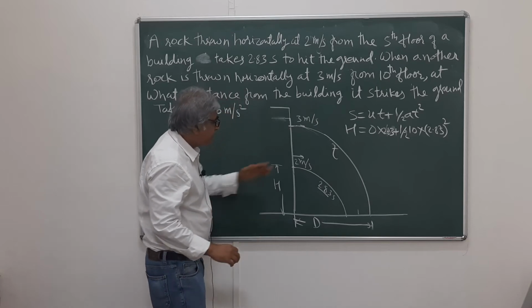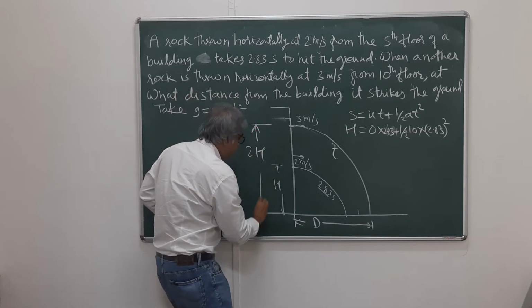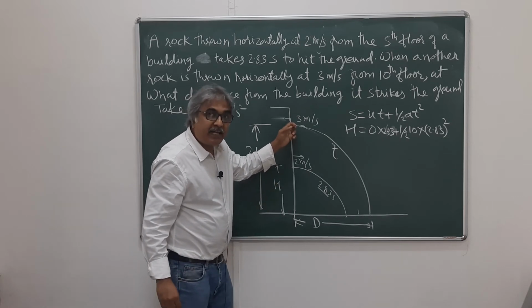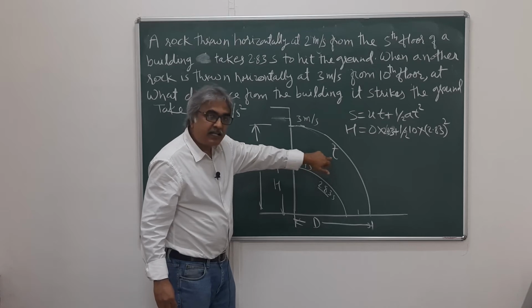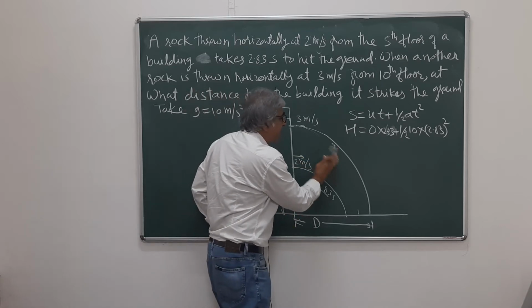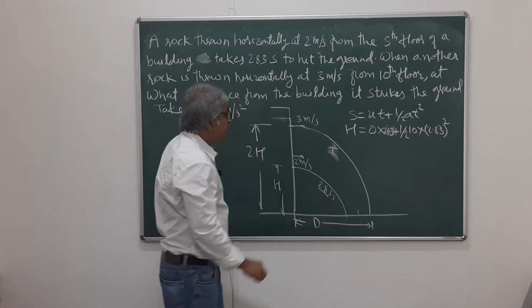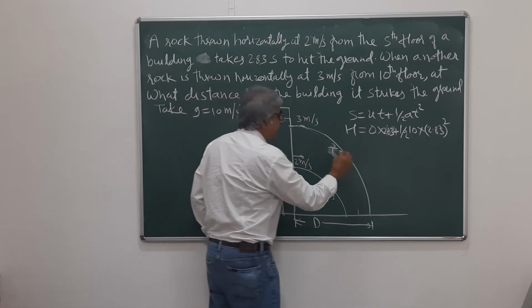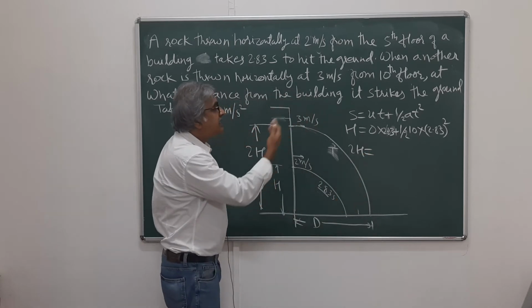Now we know that this height is 2h because this is thrown from the 10th floor. So we can write a similar equation for this, and t is our unknown. Let me make it capital T because I have used t here. So for this equation we can write 2h is equal to ut plus half at square.